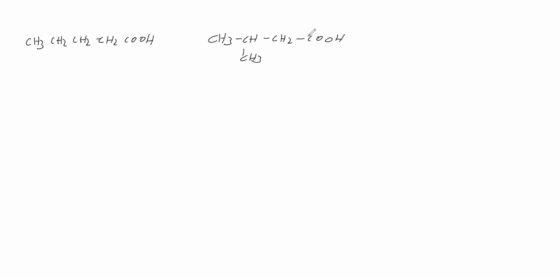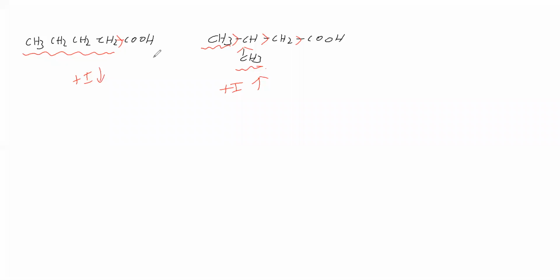Now alkyl group shows plus I effect. Here one alkyl group is there, it shows plus I effect. Here plus I effect strength will be more, here plus I effect strength will be less.